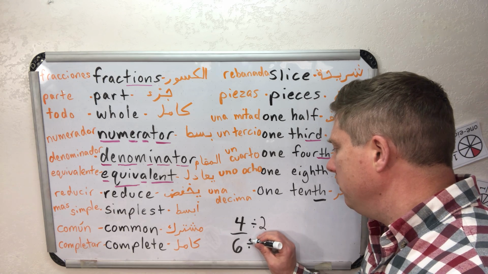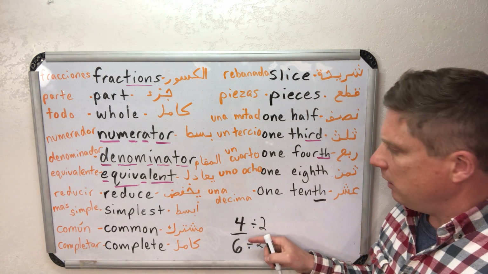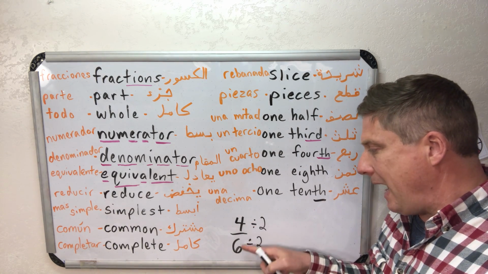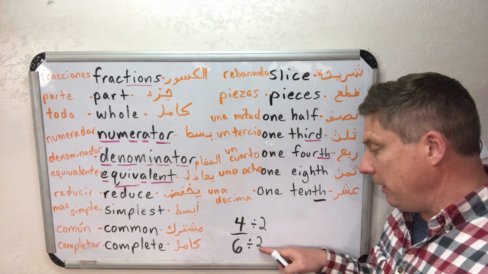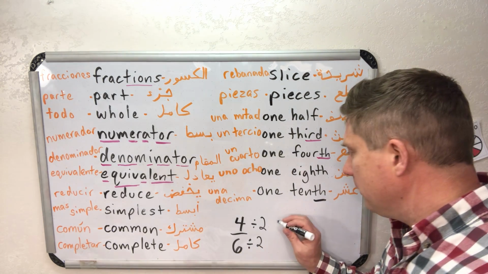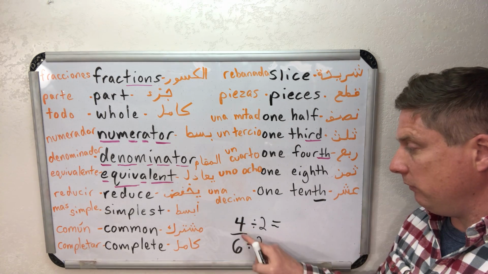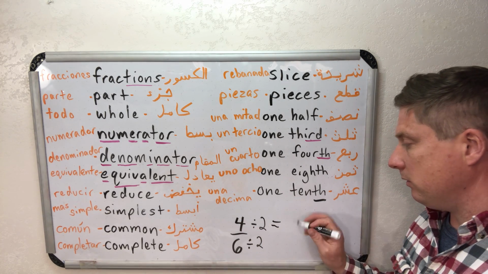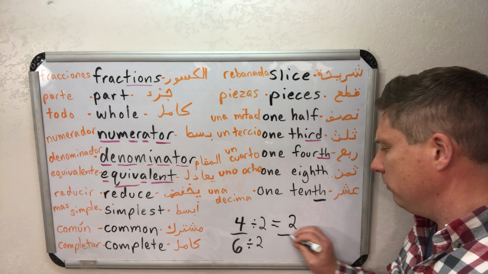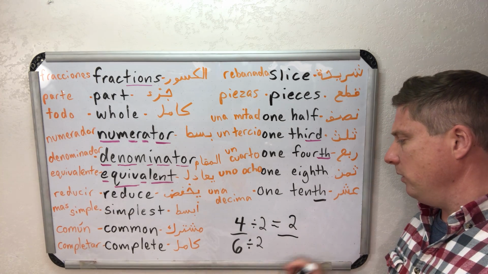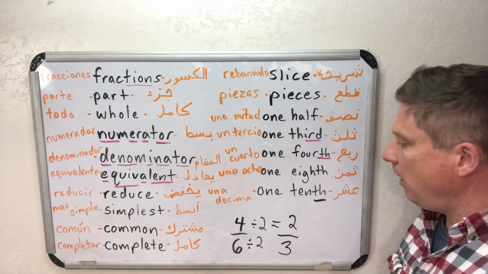So we can divide both the numerator and denominator by 2. We can do this. Okay, here's the equal sign, right? To get our equivalent, 4 divided by 2 is 2, and 6 divided by 2 is 3. Oh, there it is.